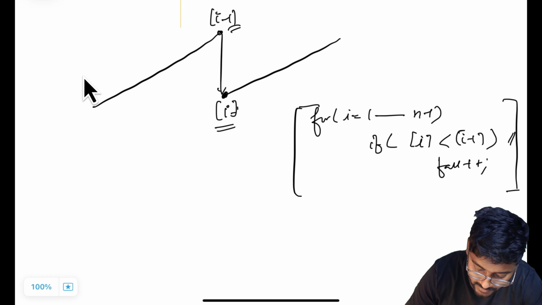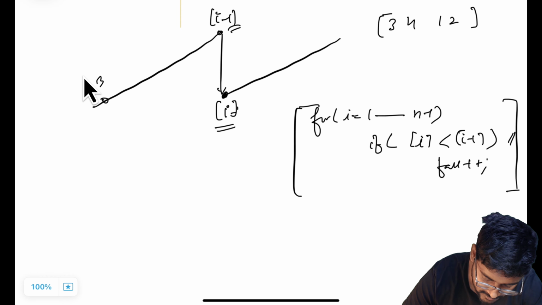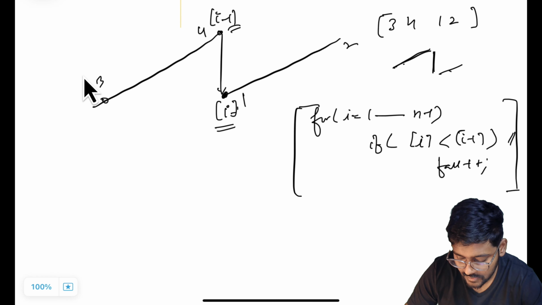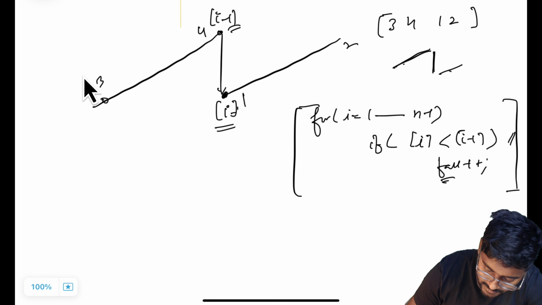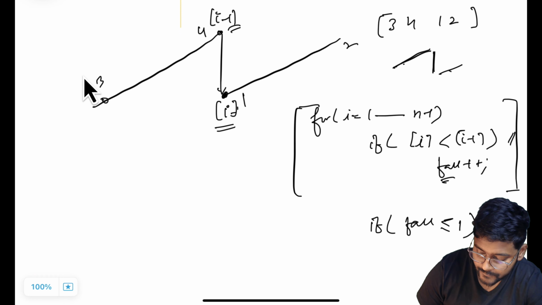Let's say 3, 4, 1, 2. In this case, this is 3, this is 4, this is 1, this is 2. 3, 4, there is a fall, 1, 2. You have just encountered this. If in the end, fall is less than or equal to 1, then return true.